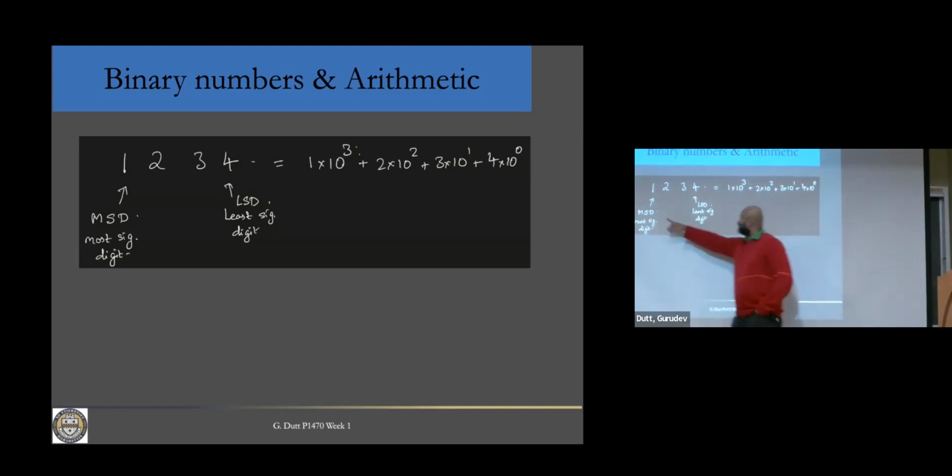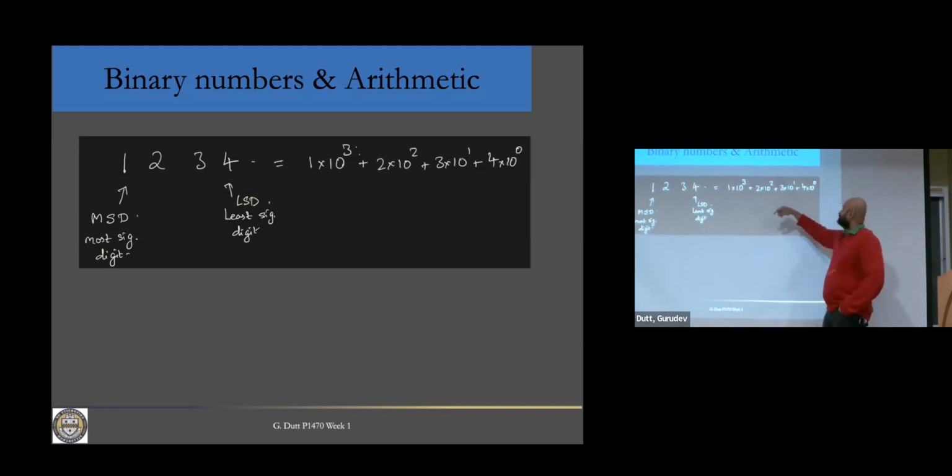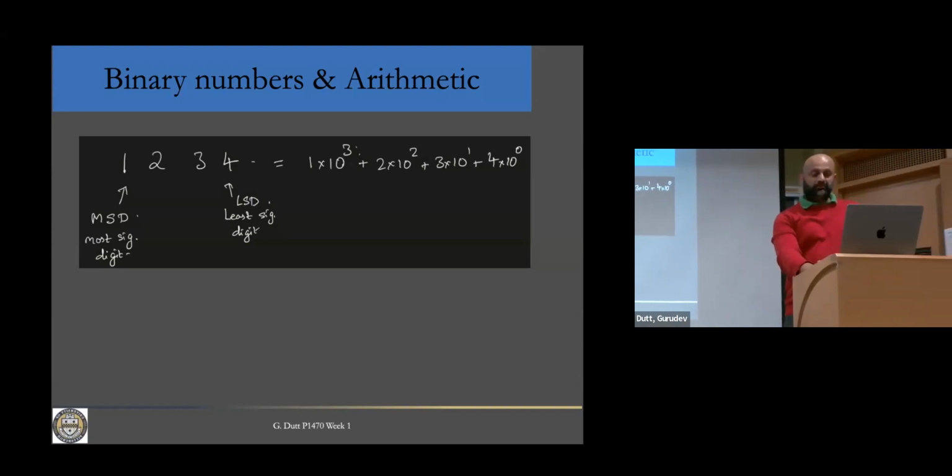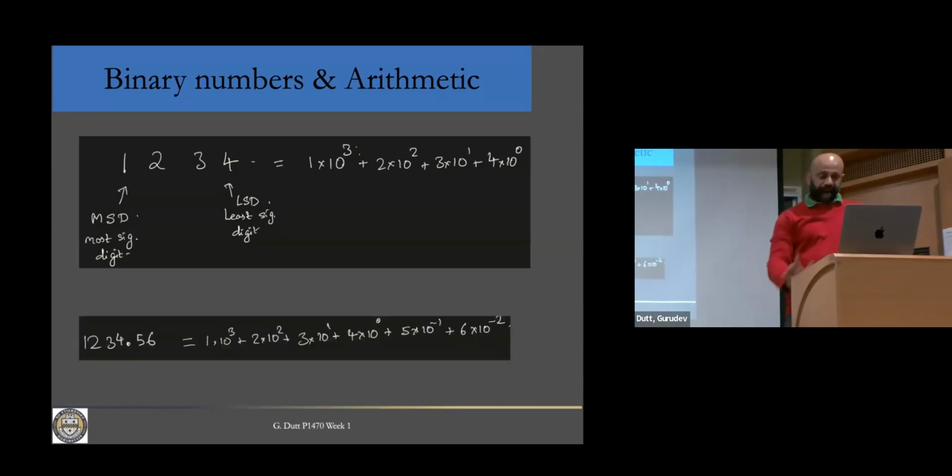We take the most significant digit, which is the leftmost digit, and multiply it by 10 to the 3. That's because the exponents run 0, 1, 2, 3. So the rightmost digit is multiplied by 10 to the 0, which is 1. The next digit is 10 to the 1, then 10 to the 2, 10 to the 3, and that gives us 1,234 in our decimal system.